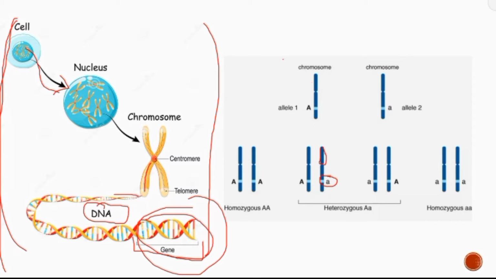Okay, so here you can see these are the alleles. It can be homozygous, meaning both have the same gene. In such a case, it will produce a smooth phenotype, leading to the formation of smooth-shaped peas or seeds.